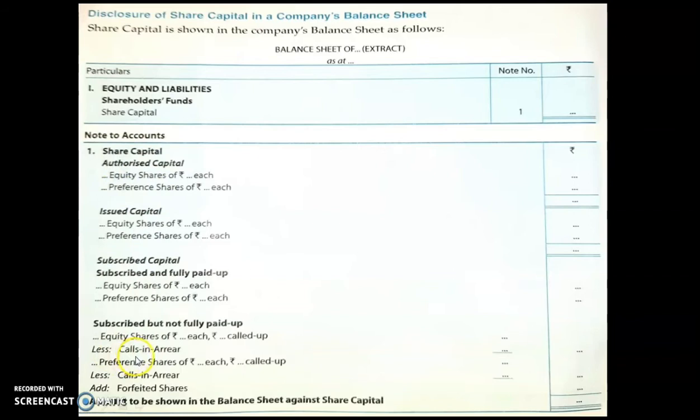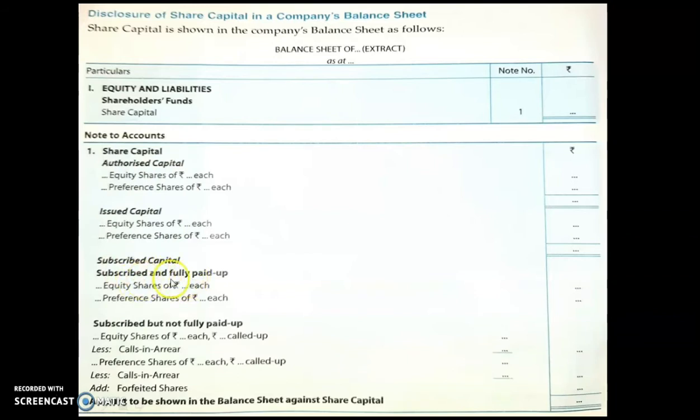You can see here calls in arrears, which have been subtracted, and forfeited shares, which have been added. Children, these terms we will discuss in the coming chapters. When the chapter proceeds, we will have more clarity on these terms. So for today you just have to understand that in share capital we have subclassification as authorized capital, issued capital, and subscribed capital.